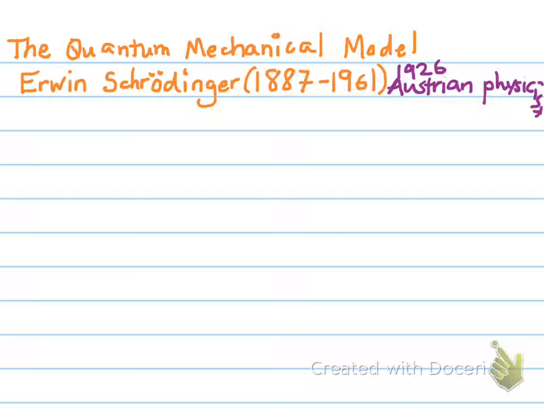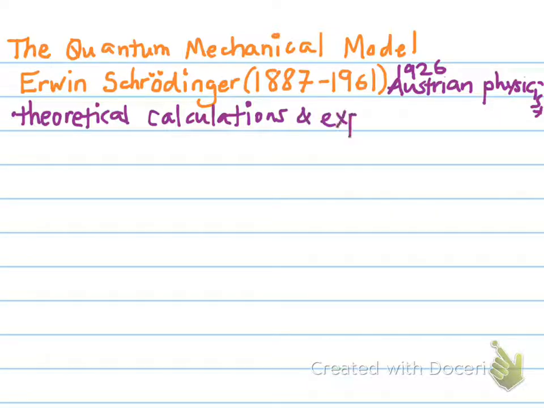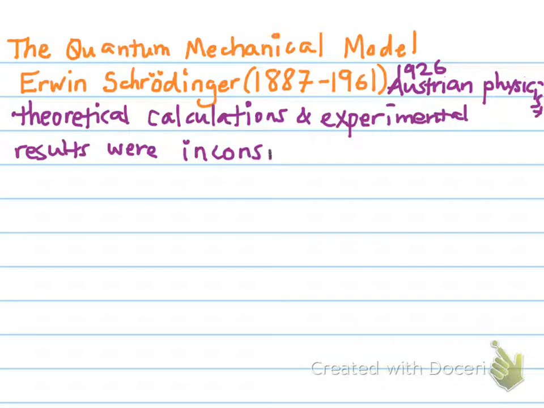So, what Erwin Schrödinger did is he used theoretical calculations and experimental results, and he kind of had these calculations and experimental results that were inconsistent with the Bohr model.